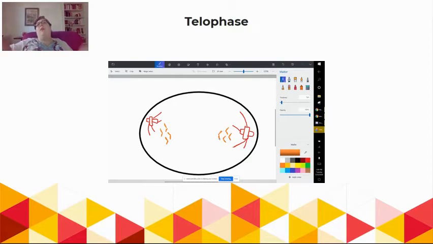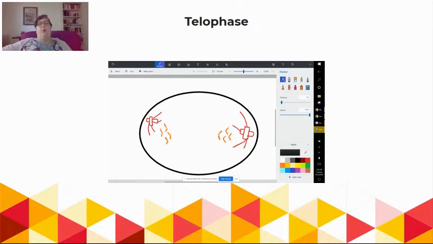So the chromatids that were pulled to each end start to unravel, and a new nucleus starts to form at each end of the cell, and that mitotic spindle structure starts to break down. So telophase is just undoing everything that happened in prophase, one set at each end of the cell. So by the end of telophase, what you've got is the formation of 2 new nuclei.